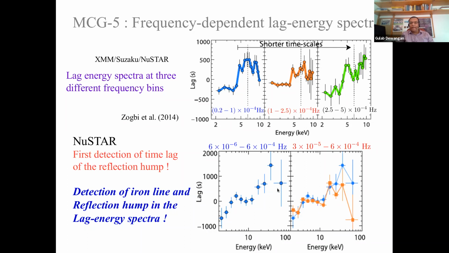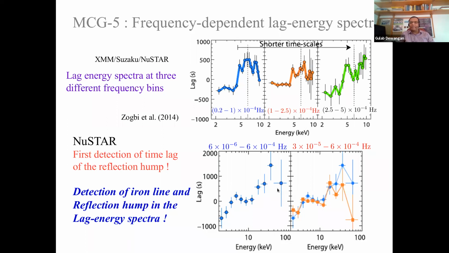When you move inward, there is a fluctuation in the viscosity, and that modifies the variability of the shorter wavelength radiation. Compared to the optical, the UV radiation will vary faster, then the far ultraviolet and extreme ultraviolet even faster, and when you come to the X-rays, they will vary even faster.